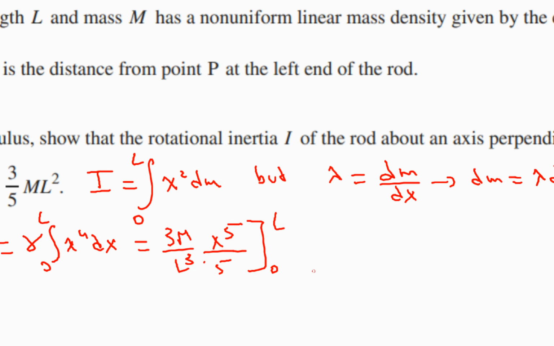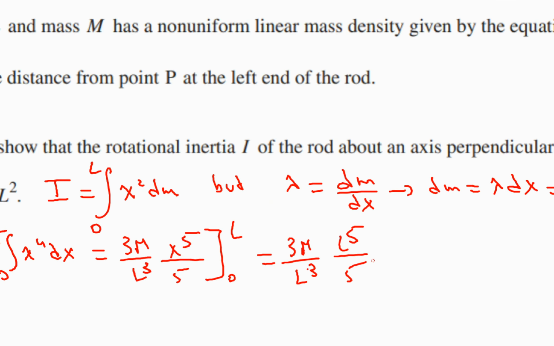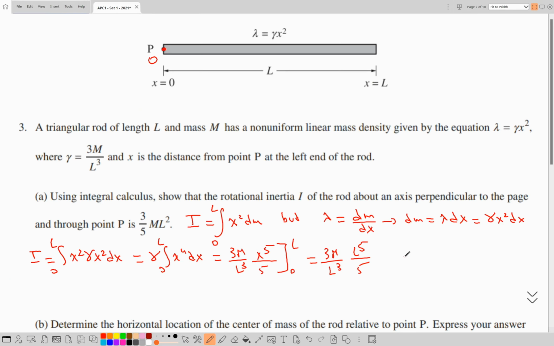Now we need to compute this once at L and once at 0. We can ignore the 0, so that would be 3M divided by L cubed times L to the power 5 divided by 5. Now this would cancel, that would be L squared, so it's given by 3/5 ML squared.